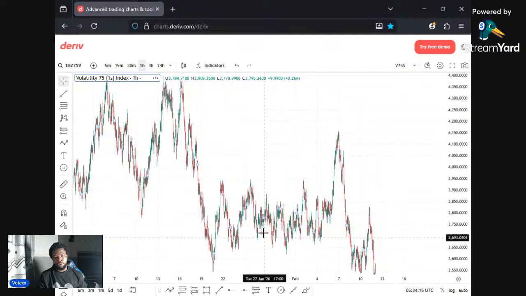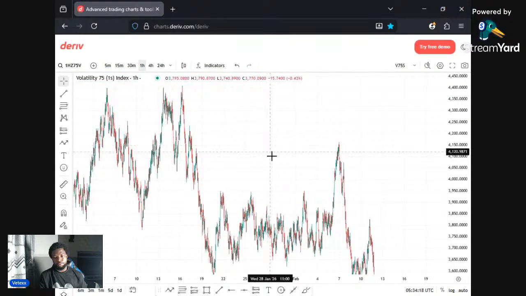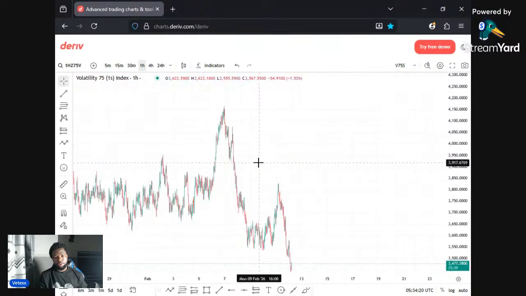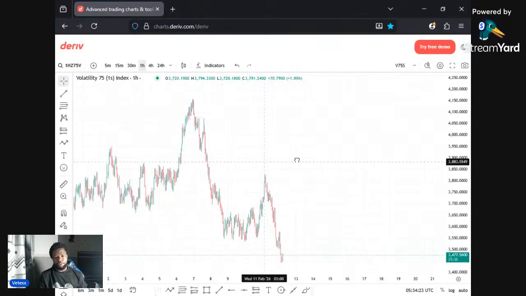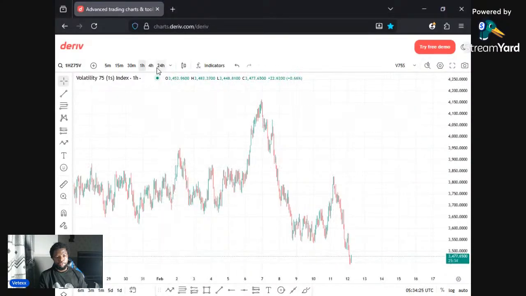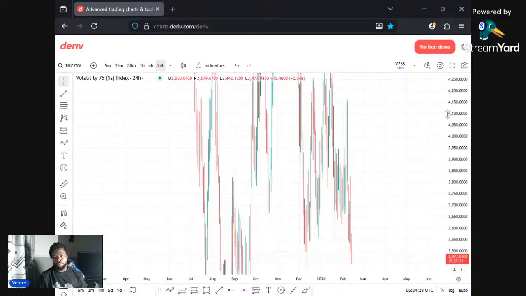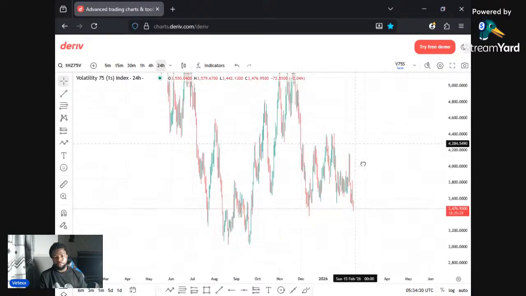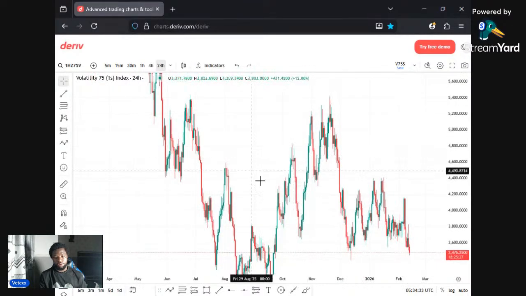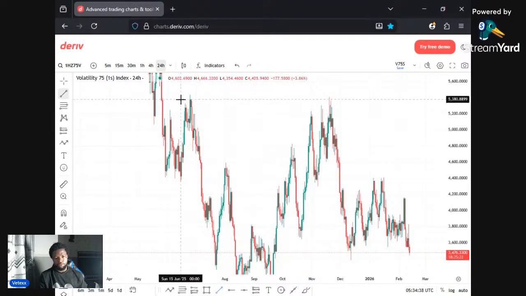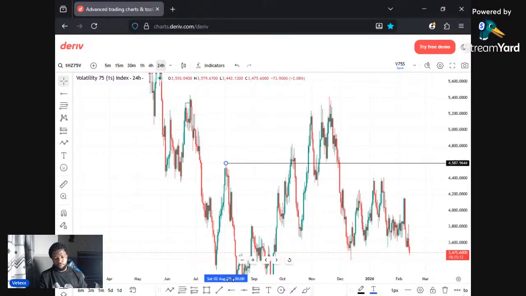On V75X, we currently do not have a very valid setup, unless you go to... V75X is bearish on the 24-hour time frame. We have this here. This is what we have.